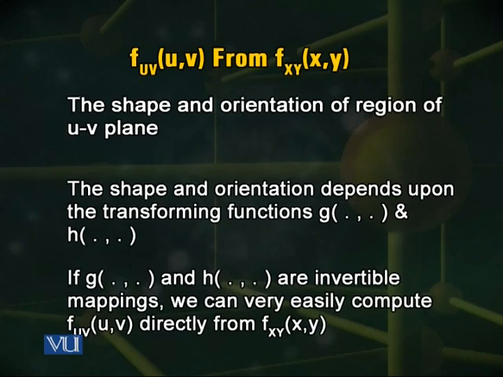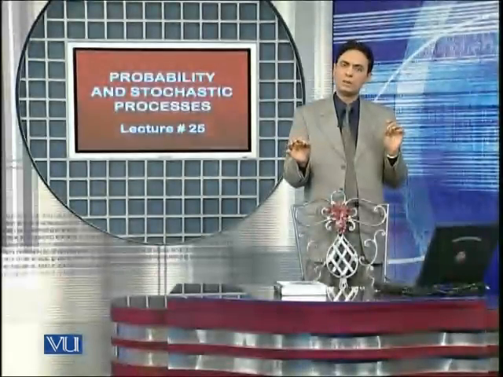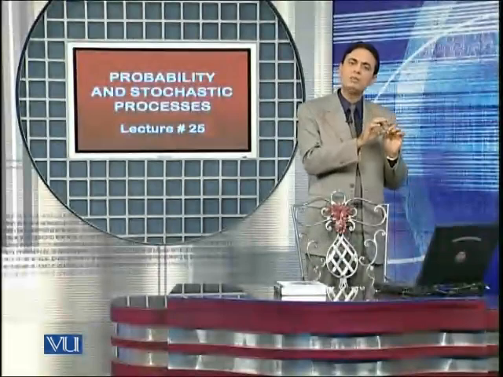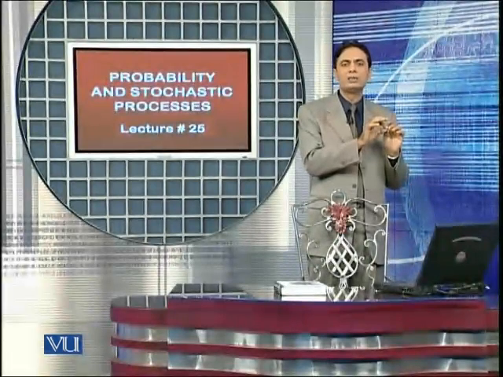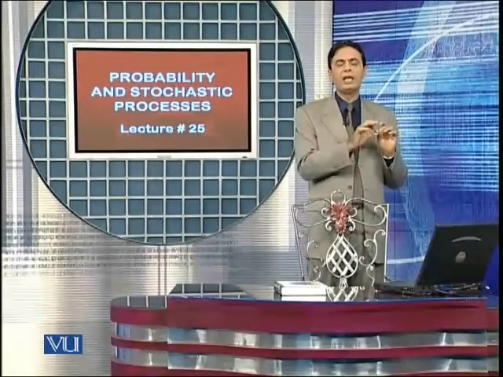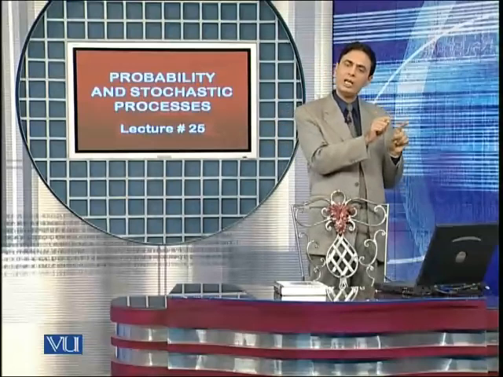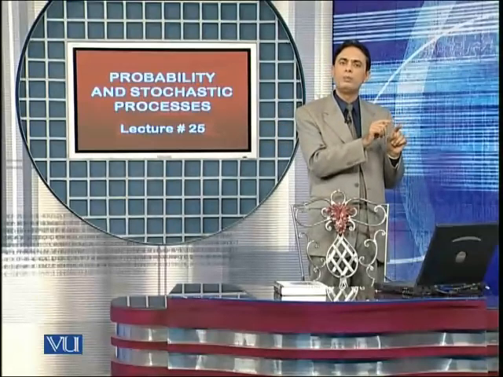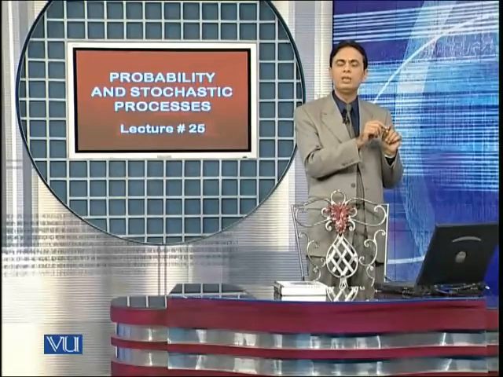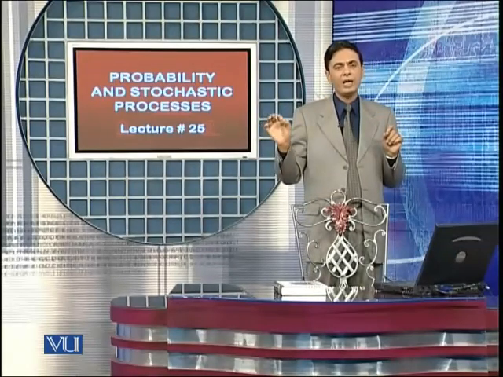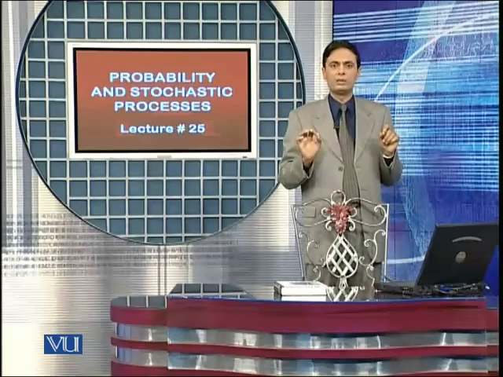Then if these mappings are invertible, there must be a pair of mappings, say phi and psi, which take this point u comma v, combine the values of u and v, and give you a point x comma y, which is the original point.